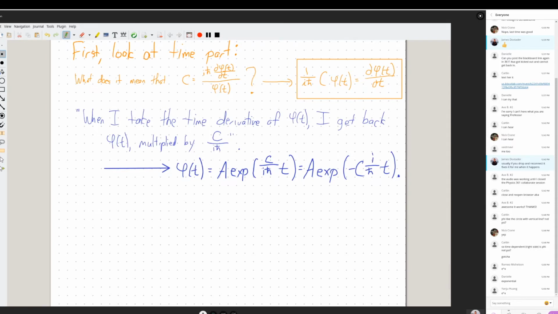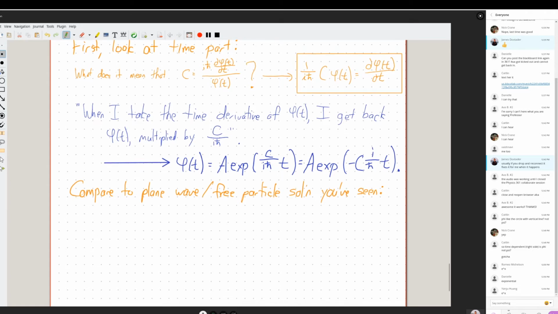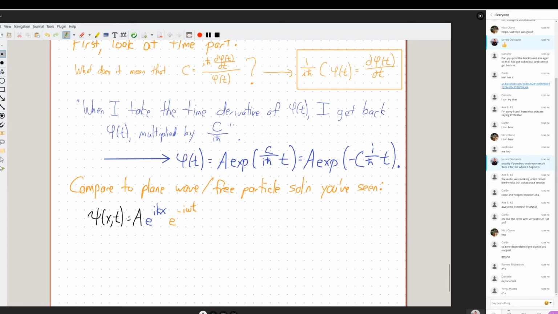So if we compare that to what you've seen, which was psi of x and t, this had, in the same way, t.